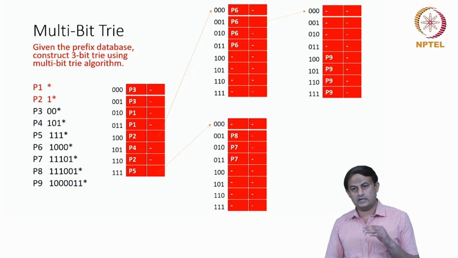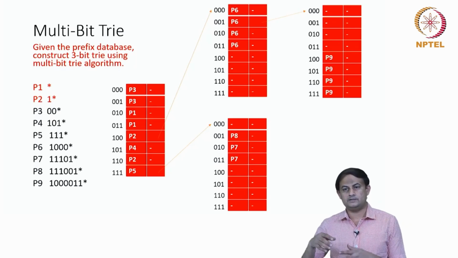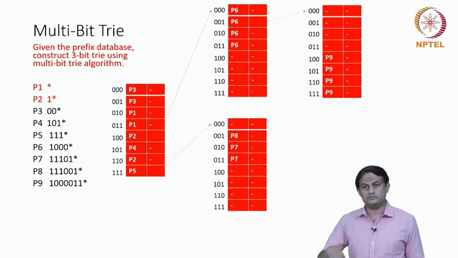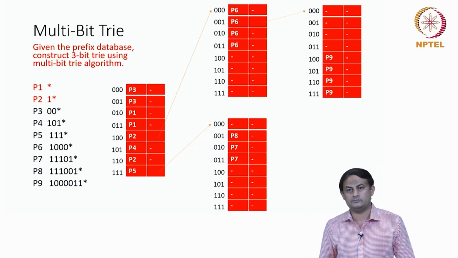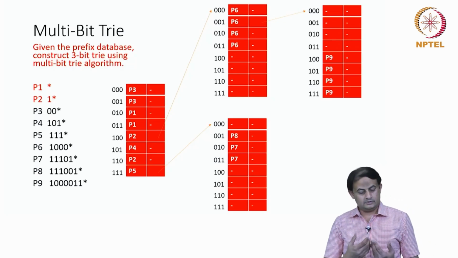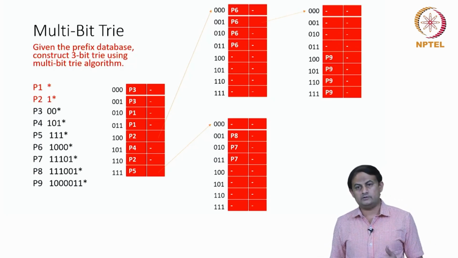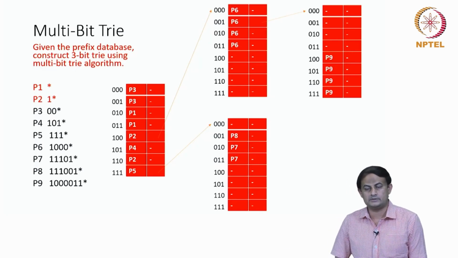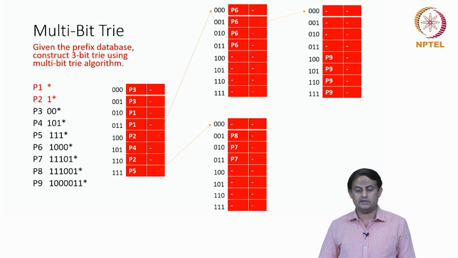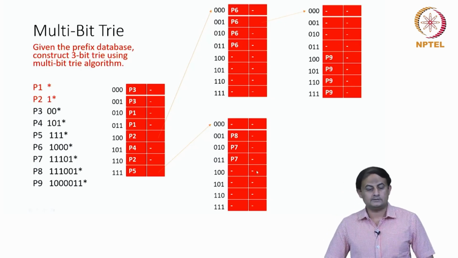First level table will have entries for 2 to the power of k possibilities, and then the next level will have another 2 to the power of k, and in the next level another 2 to the power of k bits will be matched, something like this. So if your prefixes are not aligned to a multiple of the k bits that you chose, then you need to expand that and fill the entries in the table. So that's how multi-bit trie is constructed.